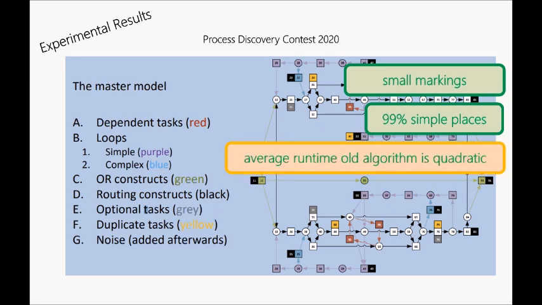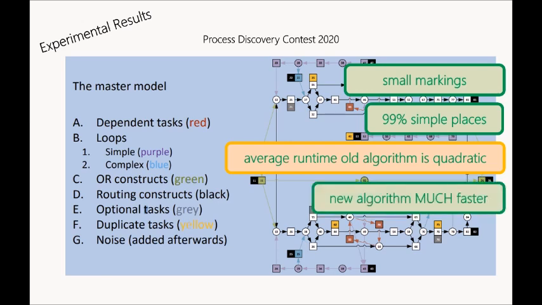And the average runtime of the old algorithm again is quadratic. So you need to calculate the distribution of tokens, but you don't have to redistribute. It just behaves quadratic in this example. And the new algorithm is much, much faster. Again, please have a look at the paper for the actual runtimes.